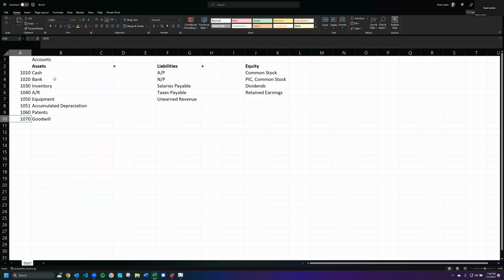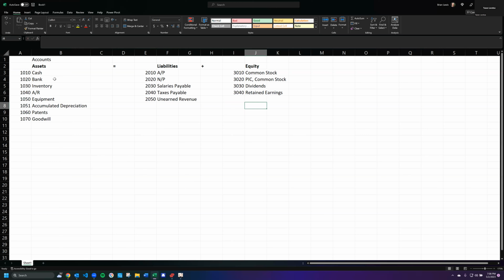That might be the numbers for those. And let's call the liabilities 2010, 2020, 2030, 2040, and let's call this 2050. So we might assign these types of numbers, and equity would be 3010, 3020, 3030, and 3040.